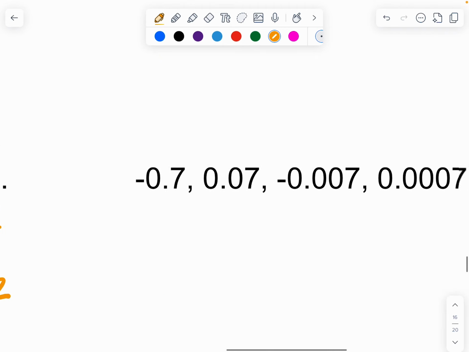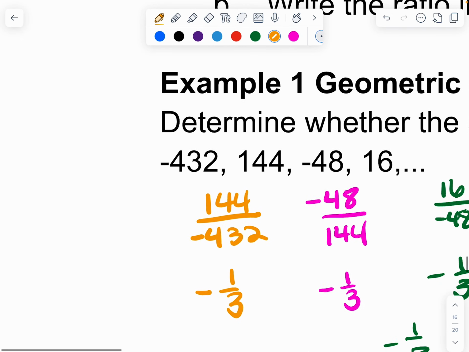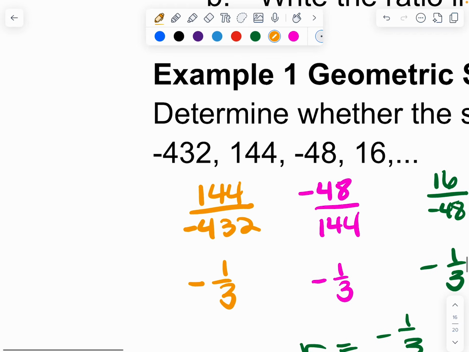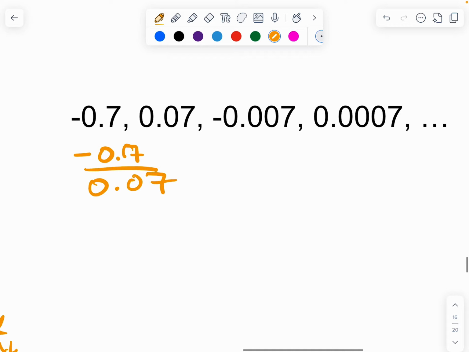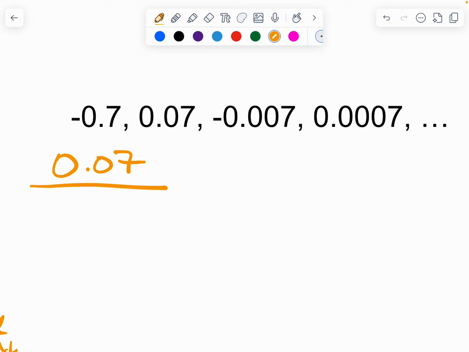Okay, so now we're going to look at this one. So I have negative 0.7 over 0.07. You take 0.07 and you divide it by negative 0.7. And when I do that, I should get negative 0.1.